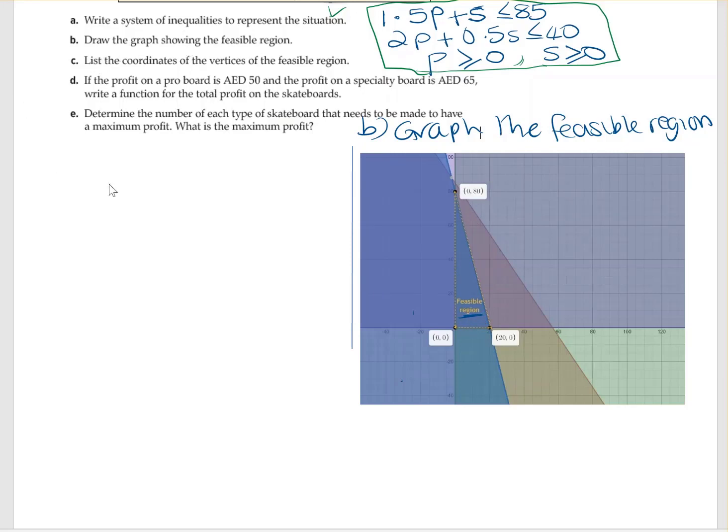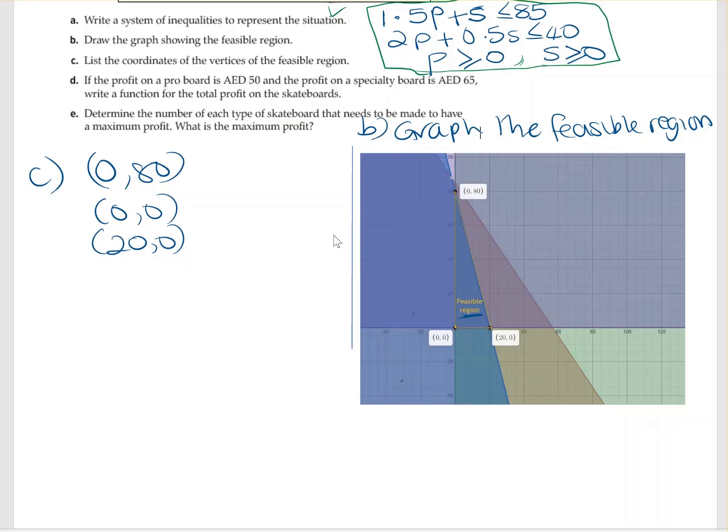And then C, list the coordinates. So the coordinates we have are 0, 80, and we have 0, 0, and we have 20, 0. Now on our left here, these are the Y values, and then we've got our X values on the bottom.